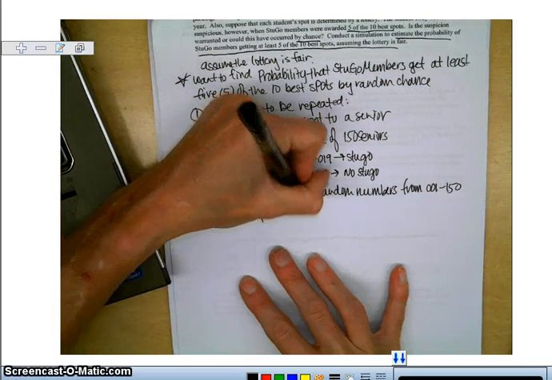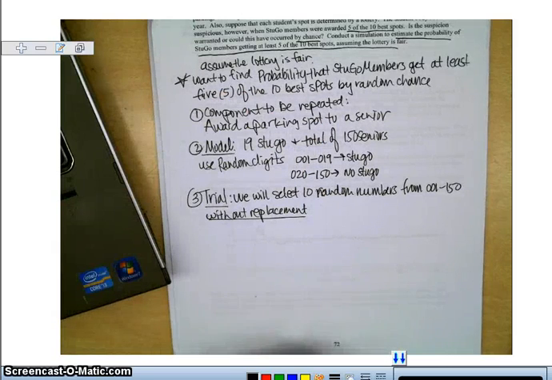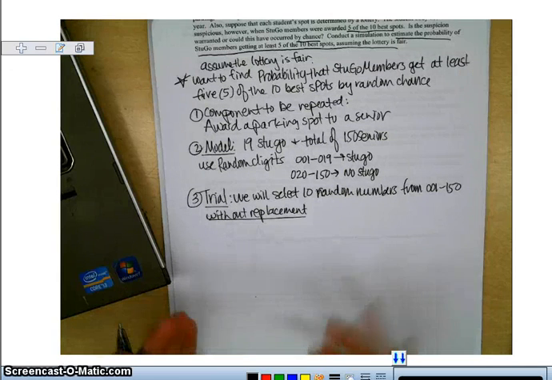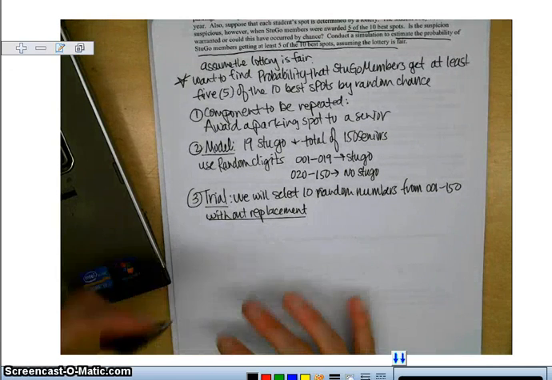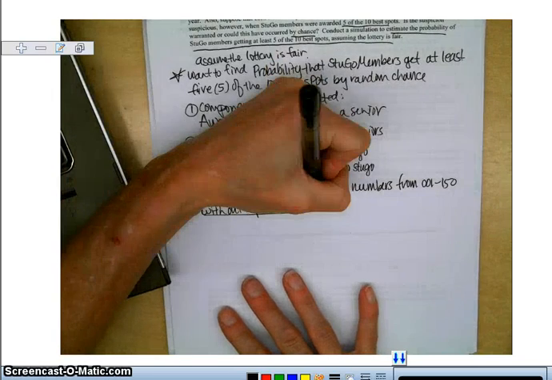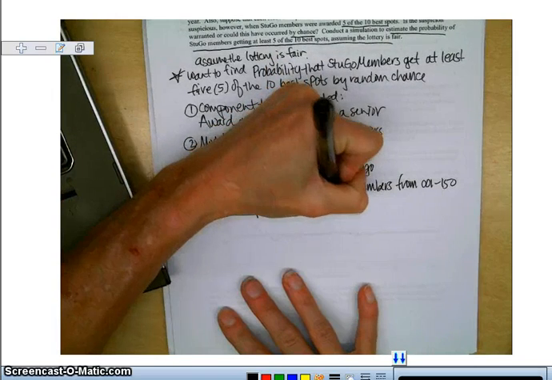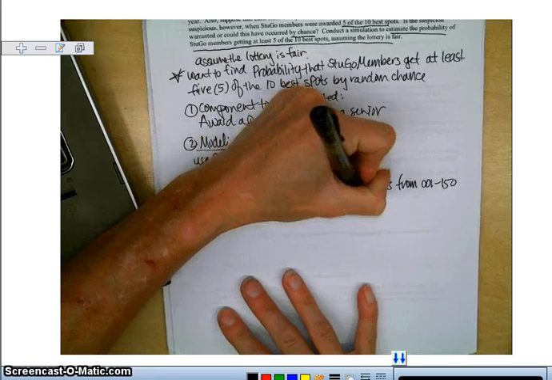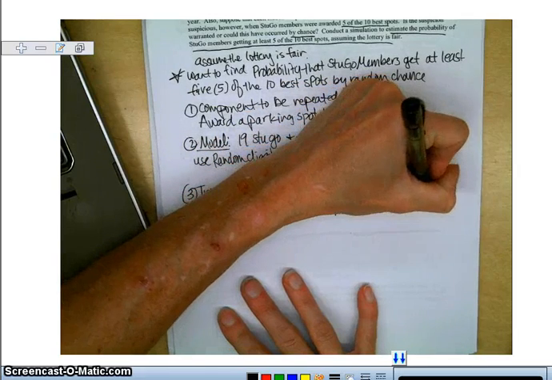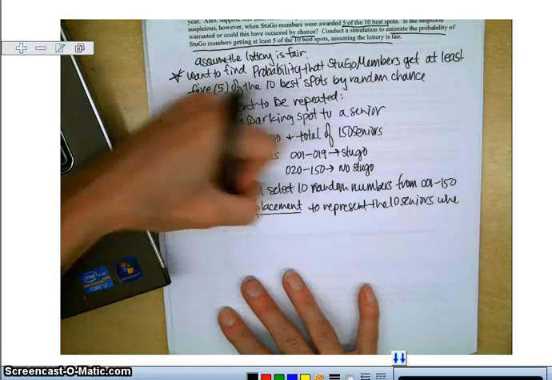What does that mean, without replacement? It means that I'm not going to use the number 25 twice. I can't award one person 2 parking spots. You can technically only drive 1 car to school yourself. Okay, so we will select 10 random numbers from 1 to 150 without replacement to represent the 10 seniors who get the best spots.